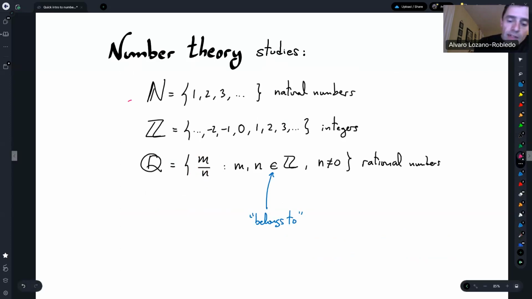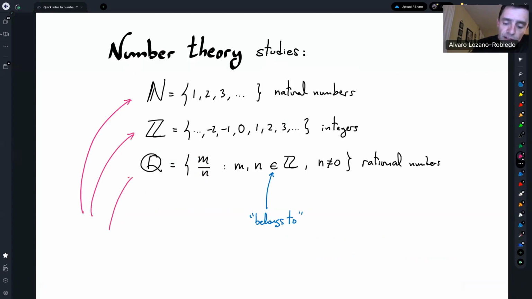Also, I wanted to say that in a full course in number theory, you would define these with axioms, and those axioms would carry some properties that we use to prove theorems about the integers. I'm not going to do that in these videos because it's a very quick introduction to number theory.